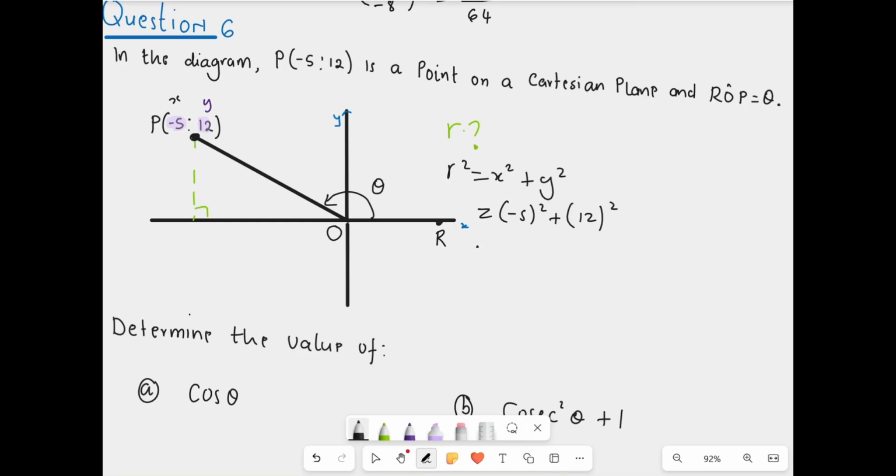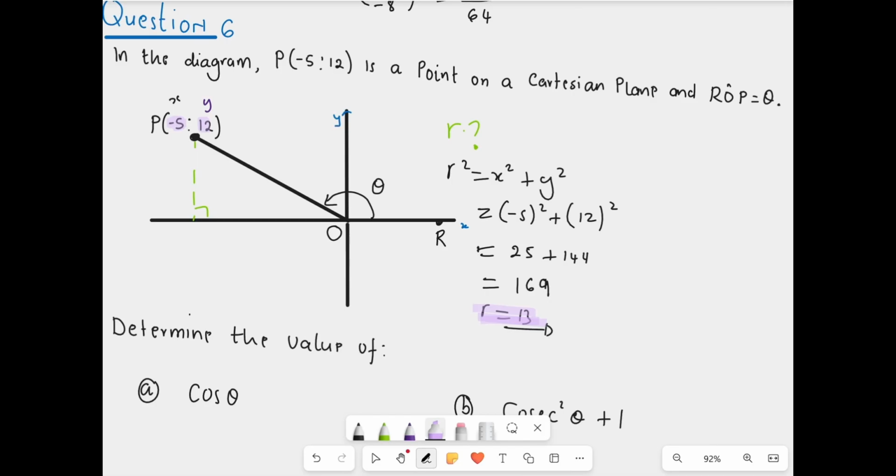So our r squared is equal to 25 plus 144, which will be 169. And then we put the square root on both sides because we are not looking for r squared, but we are looking for r. So our r is equal to 13. Remember, r is always positive. So r is equal to 13.